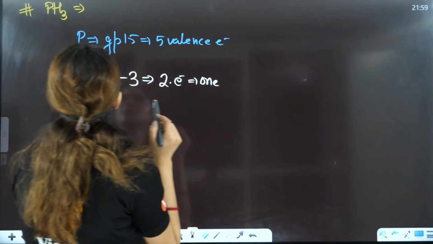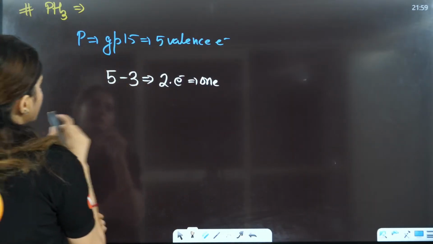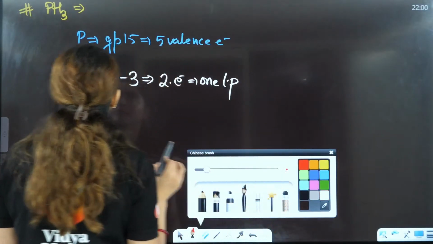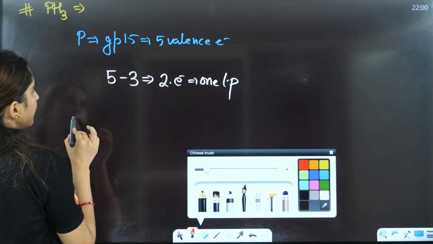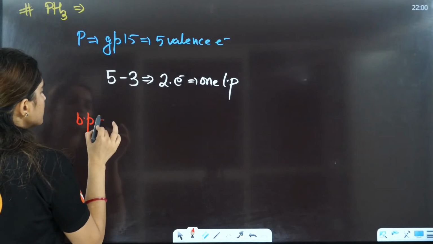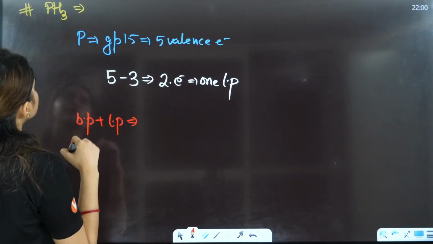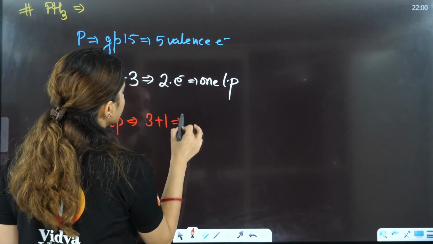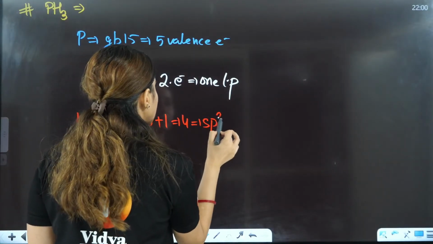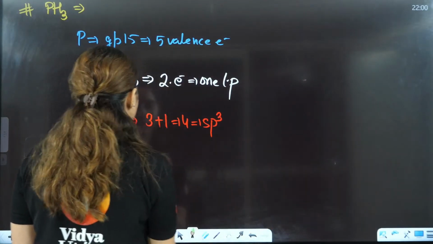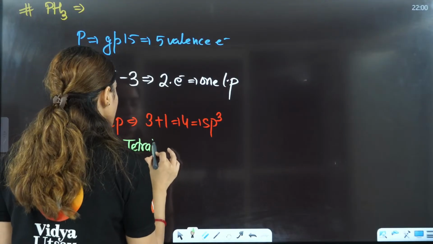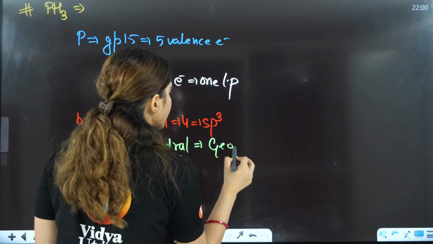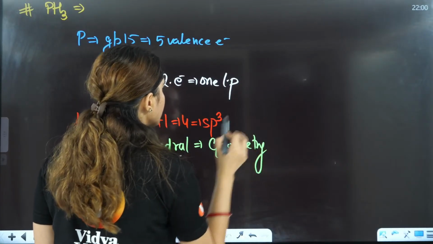So here it will be bond pair plus lone pair, 3 plus 1, that is 4, sp3, tetrahedral geometry.